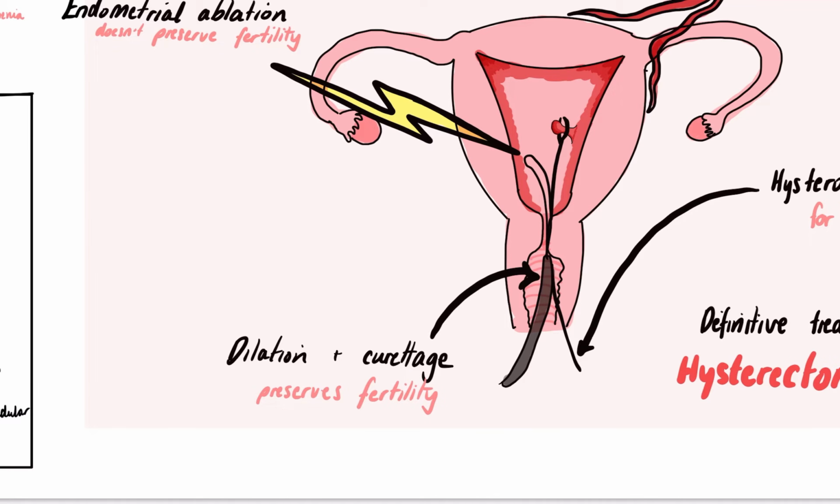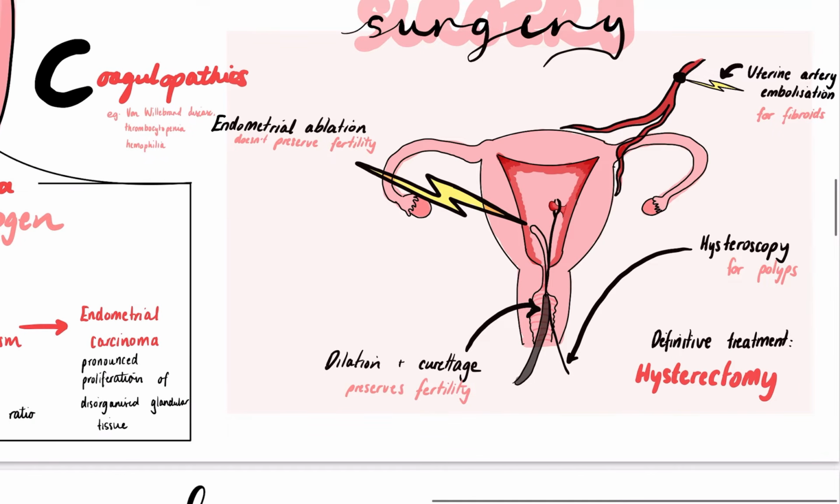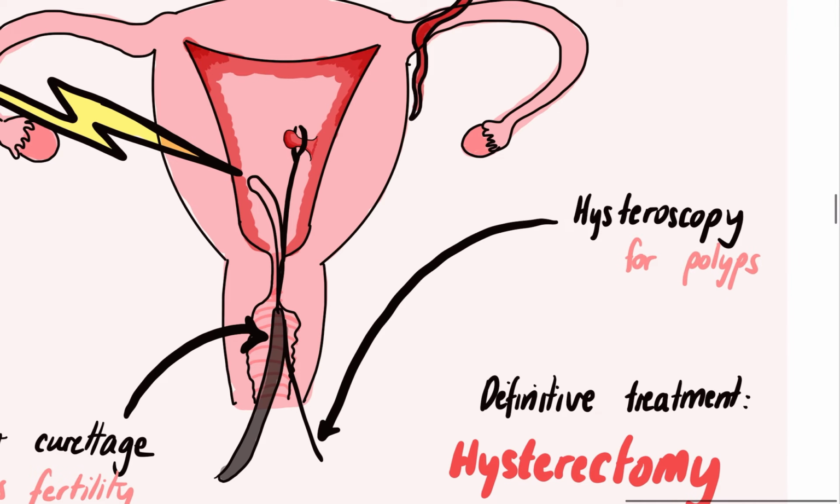So it preserves fertility. You can also use a hysteroscopy, which is where you insert a scope and look inside the uterus to look for things like polyps. And this method can be used to remove certain proliferative aspects of the endometrium.